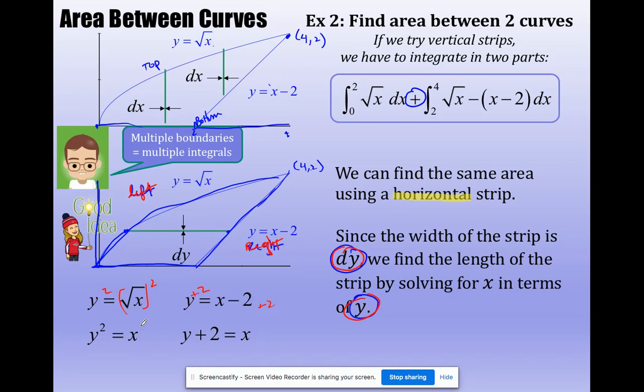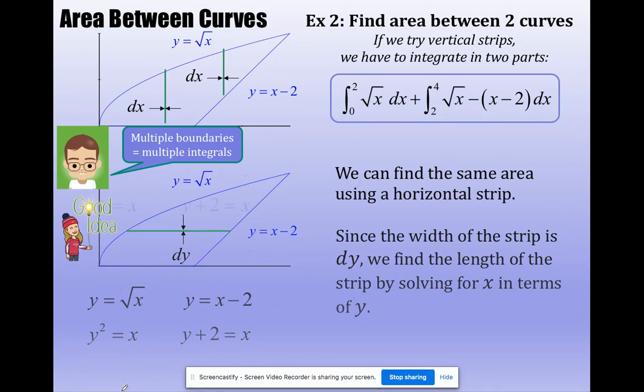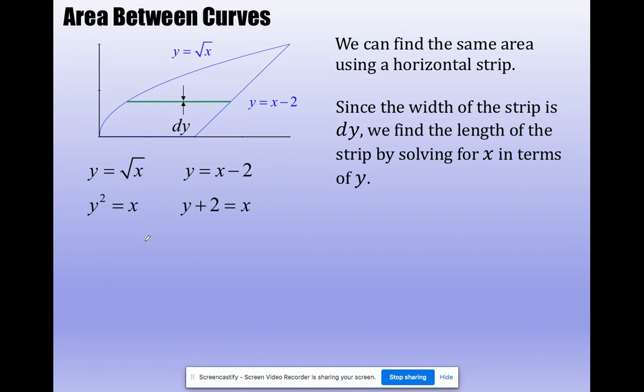And now notice I have x by itself in terms of y. I was running out of room, so I made this on a different slide. Same information, right? I had y by itself. I got x by itself.